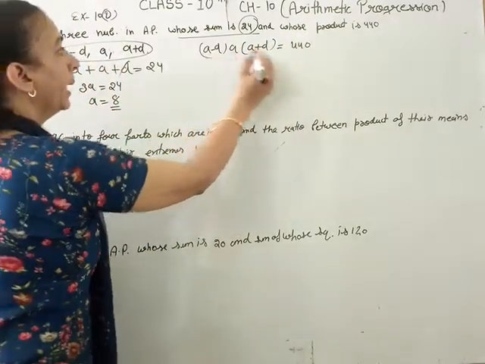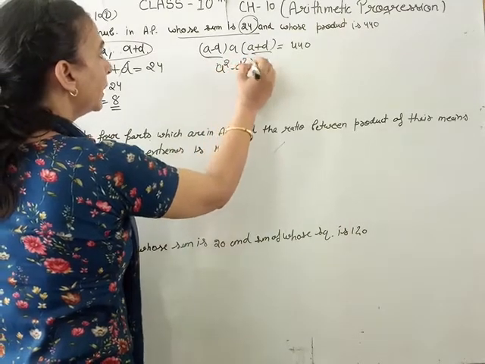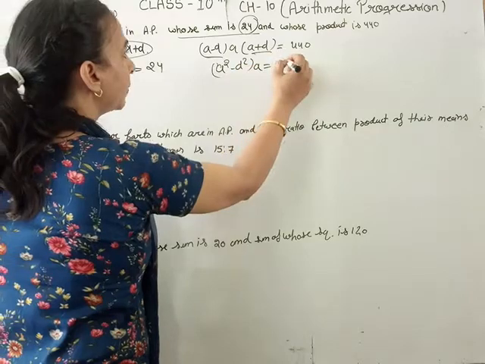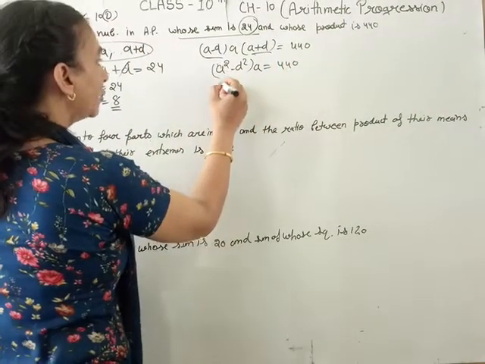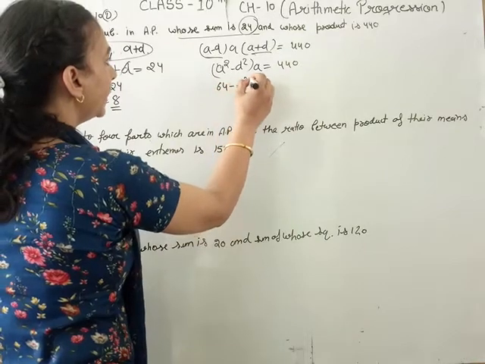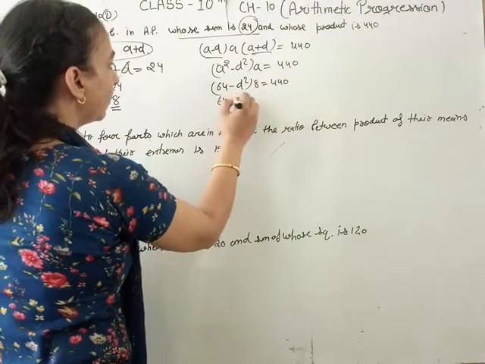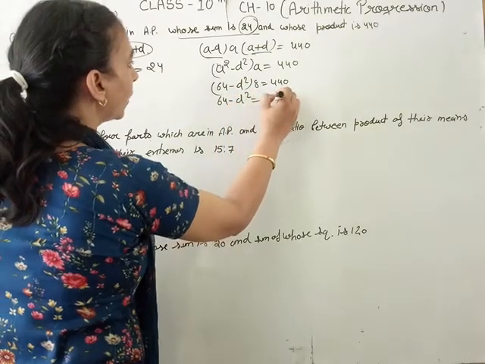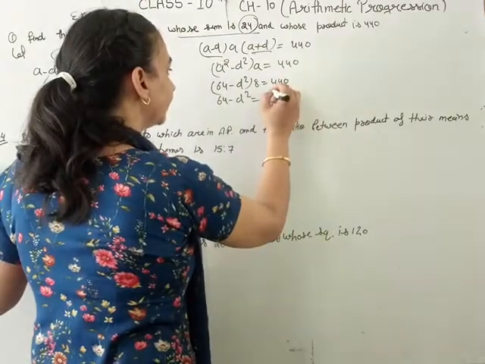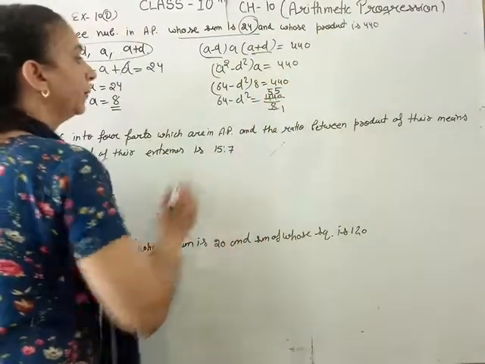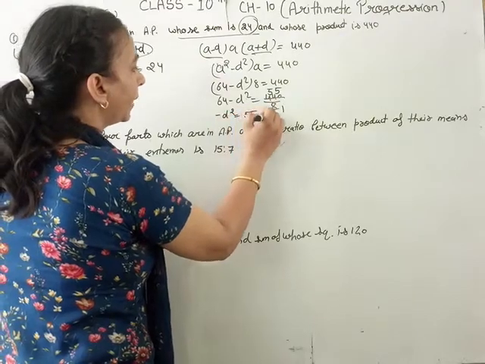Then (A minus D)(A plus D) equals A square minus D square, into A, and this equals 440. We put the value of A: 8 square is 64, so (64 minus D square) into 8 equals 440. 64 minus D square equals 440 by 8, which is 55. Then minus D square equals 55 minus 64.